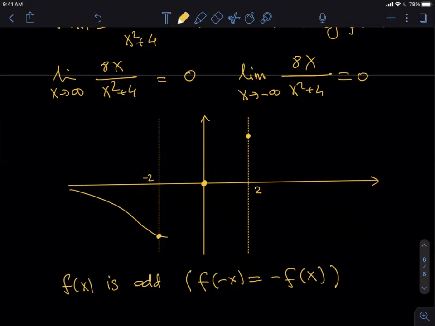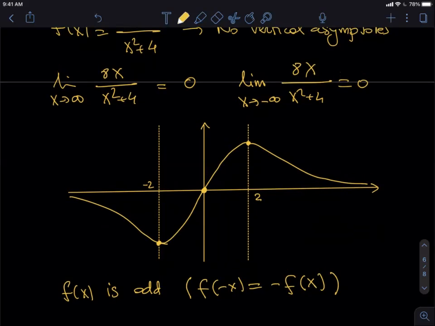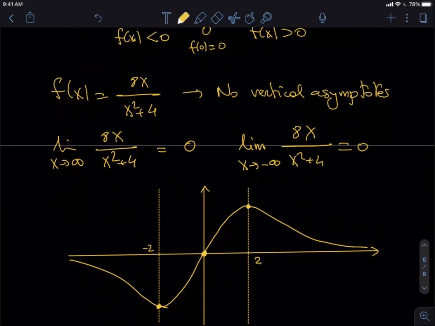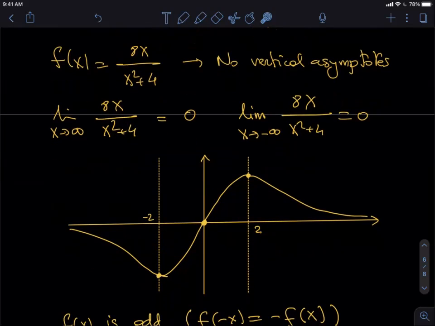Then up like this, and then down and asymptotic. Remember, something else that we are using is that we know from the sign chart that f is negative on the left of 0 and it's positive on the right of 0. So this is the only option it has.